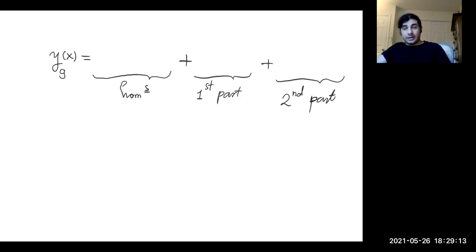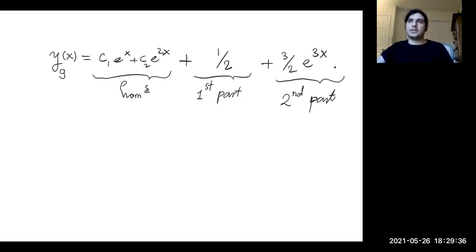The first part was equal to c1 e to the x plus c2 e to the 2x. The first particular solution was 1 over 2, and the second particular solution was 3 over 2 e to the 3x. So this sum is the general solution to our equation.